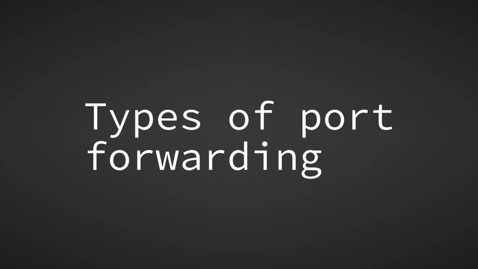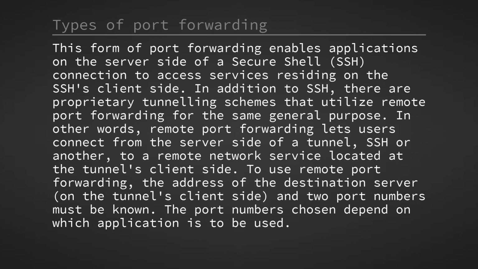Types of port forwarding. Remote port forwarding. This form of port forwarding enables applications on the server side of a secure shell (SSH) connection to access services residing on the SSH's client side. In addition to SSH, there are proprietary tunneling schemes that utilize remote port forwarding for the same general purpose.